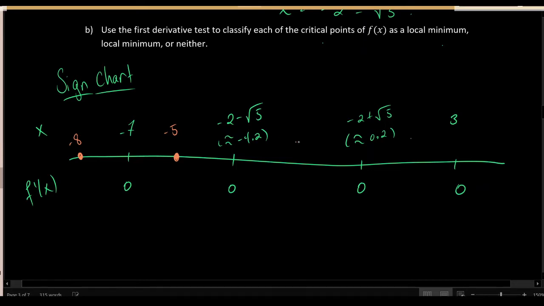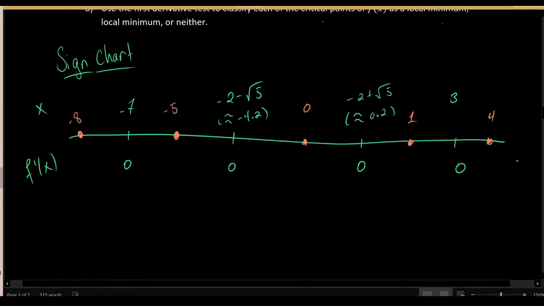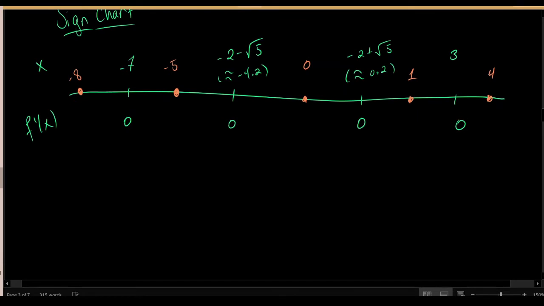Here between negative 4.2 and positive 0.2, I might pick 0. Between 0.2 and 3, maybe 1 will be nice. And to the right of 3, maybe 4 will be nice. If you remember the idea of sign charts for solving polynomial inequalities from pre-calculus, it's basically exactly what I'm doing here.